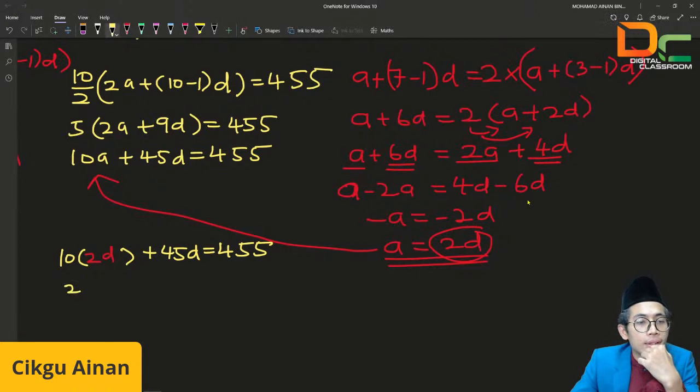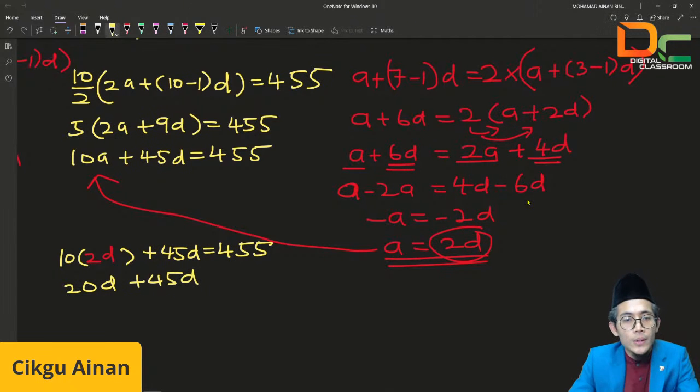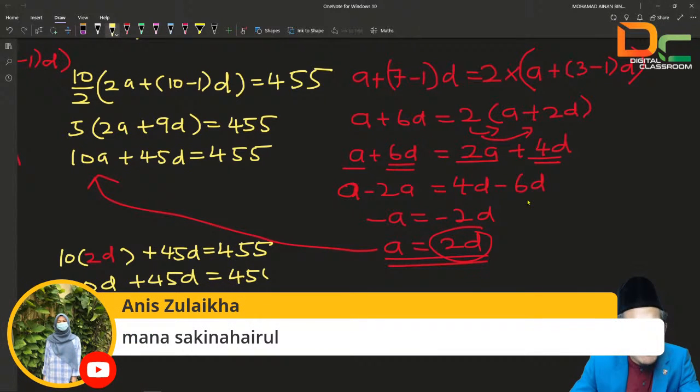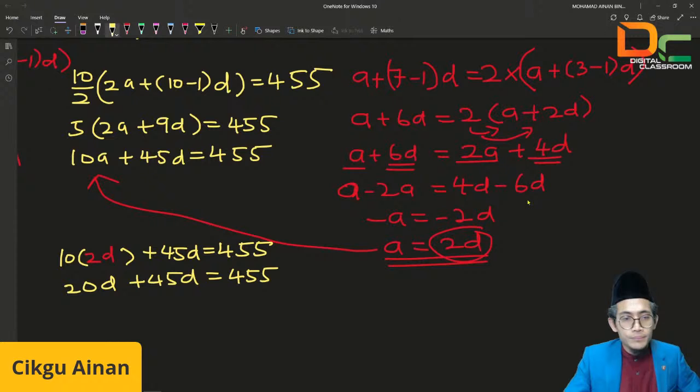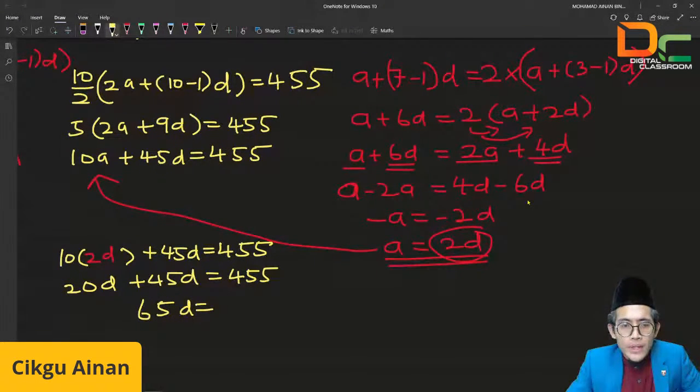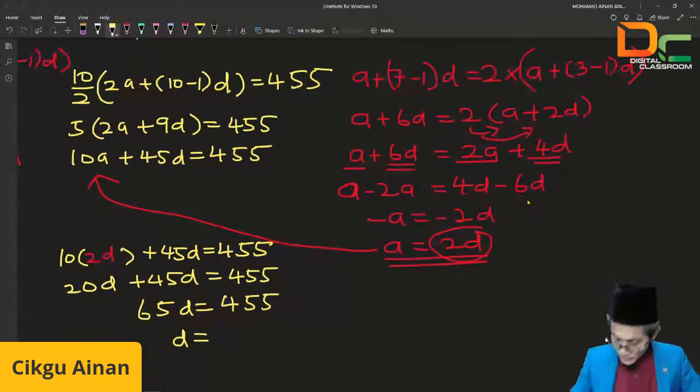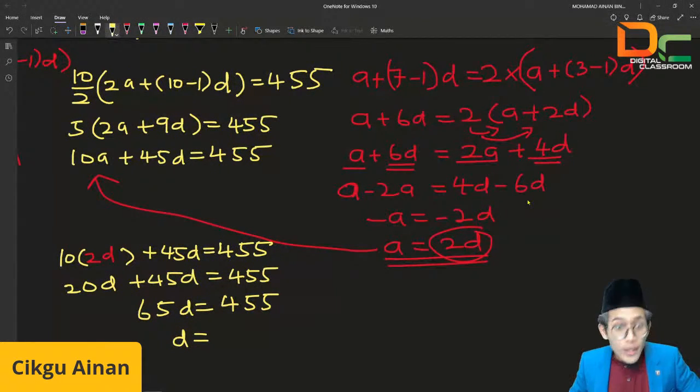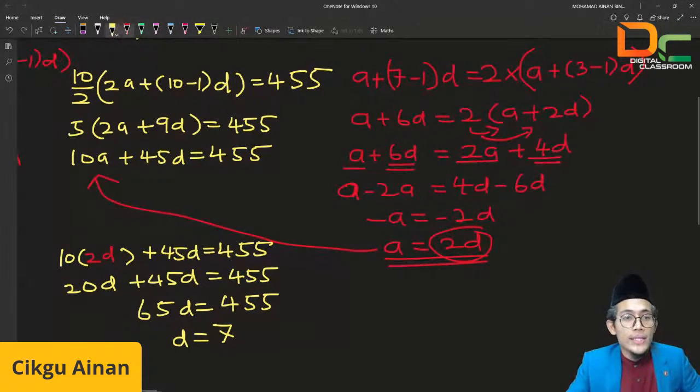So this one is 65, I guess. Yes, so 65d equals 455. And then d is 455 divided by 65. So we get 7. We get the common difference already.